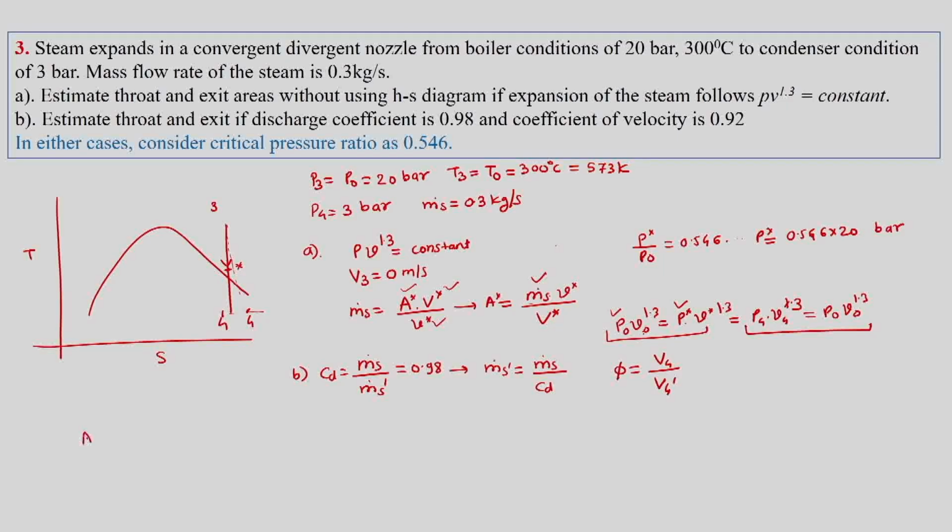So again, A star is equal to, basically, m dot s dash is equal to A star V star divided by specific volume.